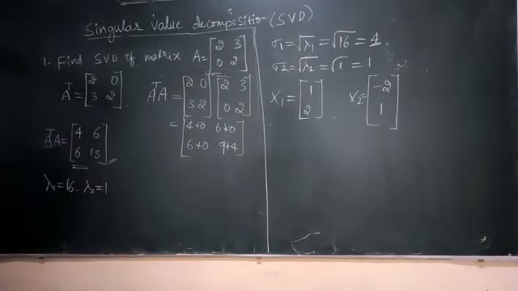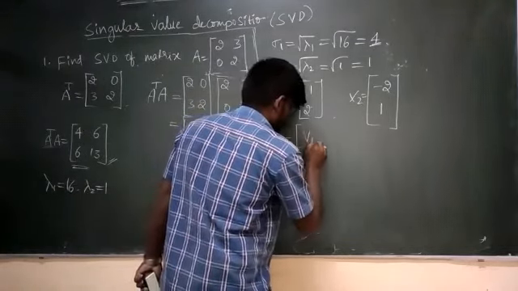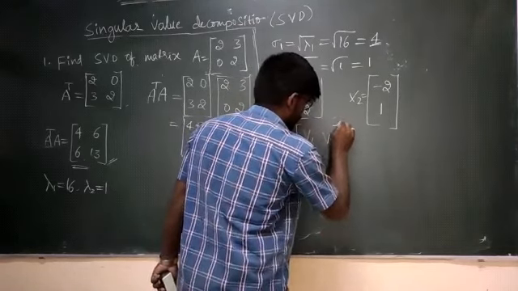In the fifth step, we have to find the matrices U, V, and summation. First we find V. To find V, we have V1, V2, so V is equal to V1, V2.